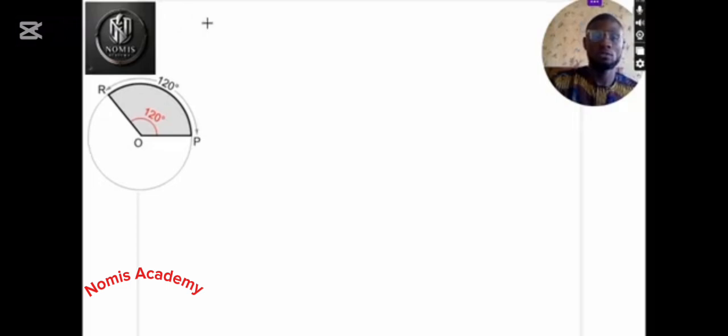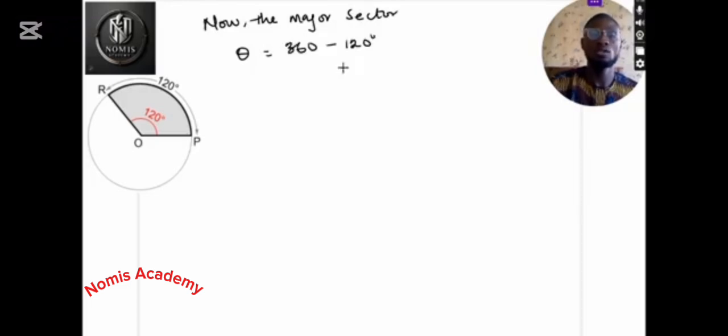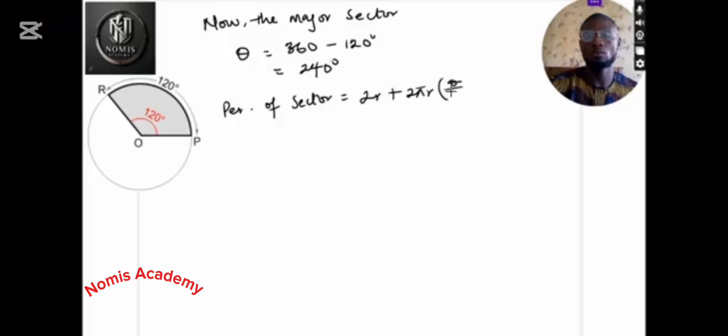Now for the major sector. So how do we get the angle of the major sector? So that should be 360 minus 120 degree subtended by the minor sector, so that should be 240 degrees. So the next thing is to state the formula that perimeter of a sector is equal to the 2 lengths of the radii plus the part of the circumference occupied by the sector, theta all over 360.